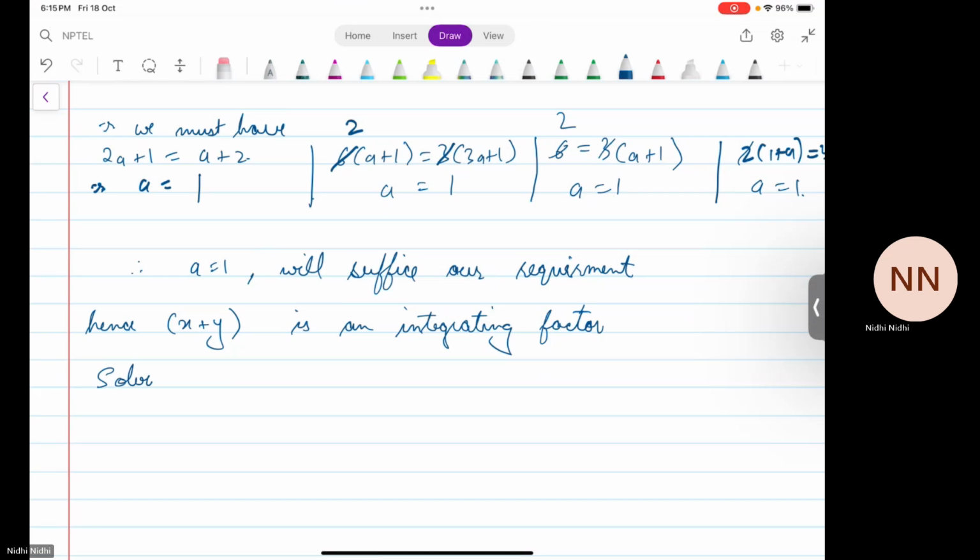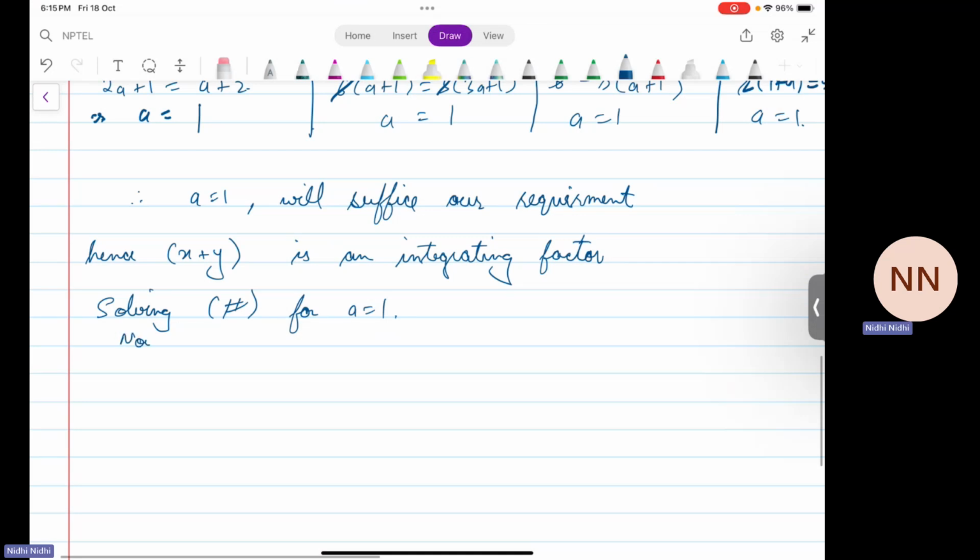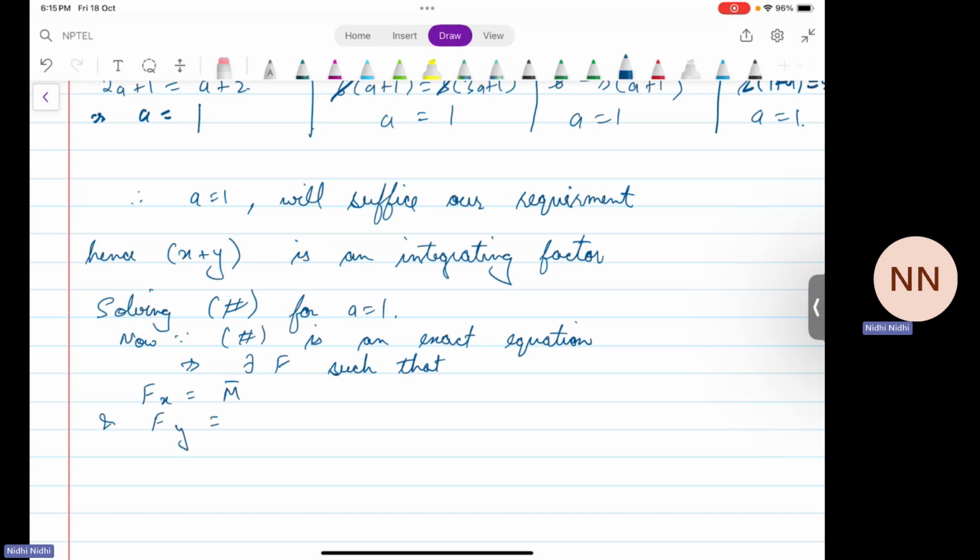Solving hash for a equals to 1. Now since hash is an exact equation, this implies there exists some function f such that the derivative of f with respect to x is m bar and the derivative of f with respect to y is n bar.